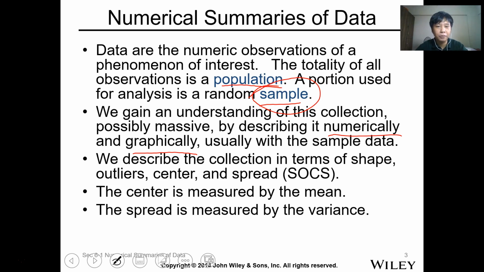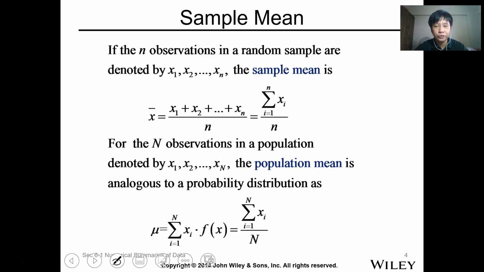And we describe the data as SOCS, or the shape, the outliers, the center, and the spread of data. The center measurement is usually measured by mean, and the spread is usually defined by the variance of the sample or the standard deviation.